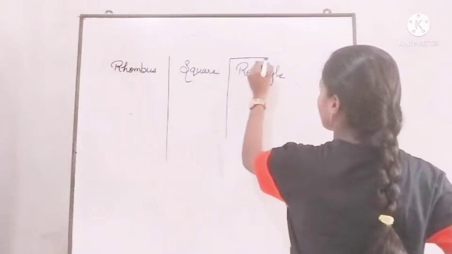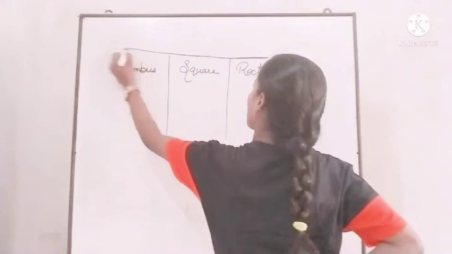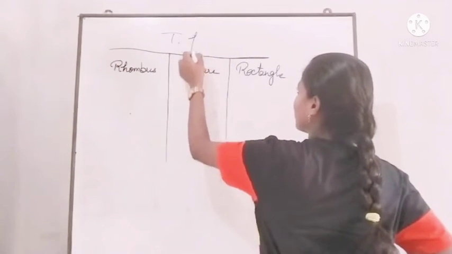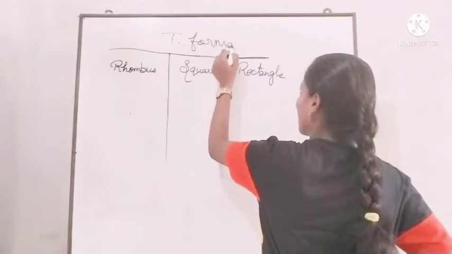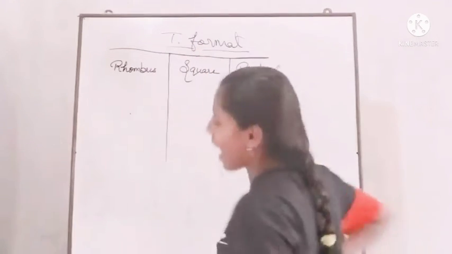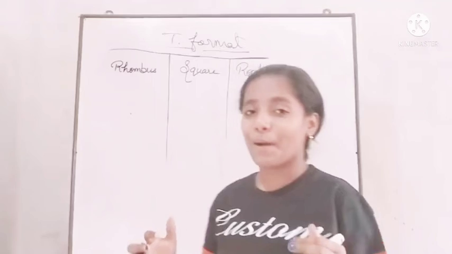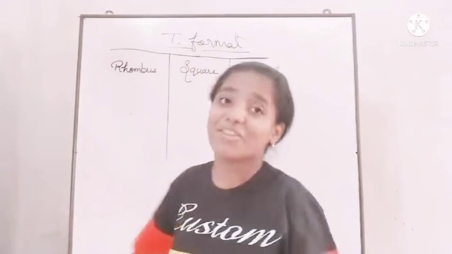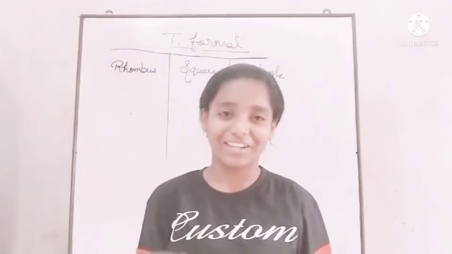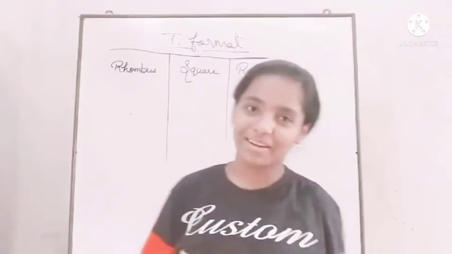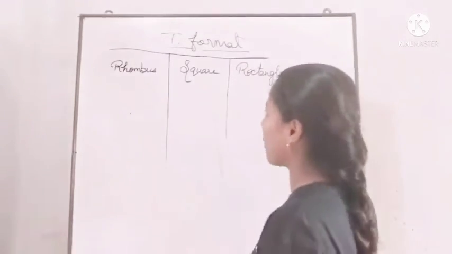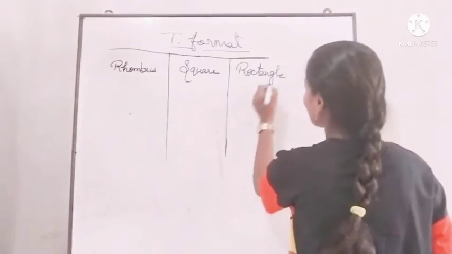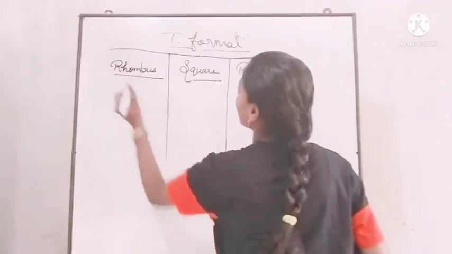So this is your first T and this is your second T. This is my T format, 3D Studies, and this is actually my separate and personal T format which I made. Alright, this is Adish Srivastav's T format trick to learn all the properties of rhombus, square and rectangle. So let us see. Very easy.